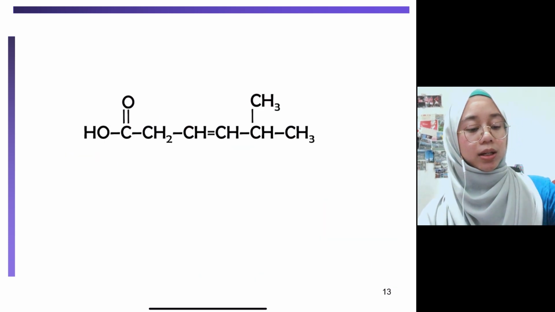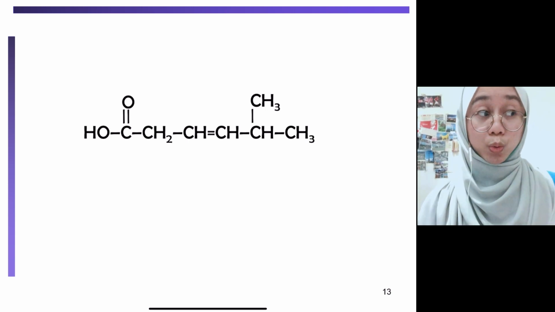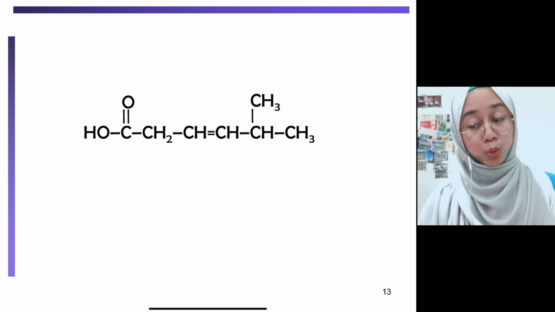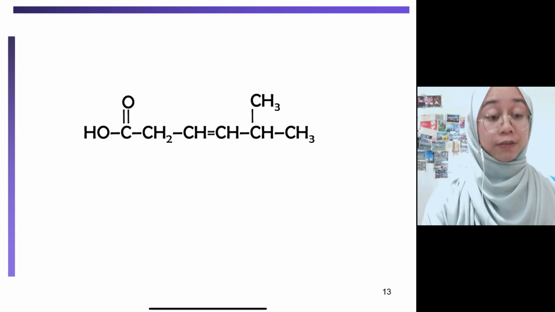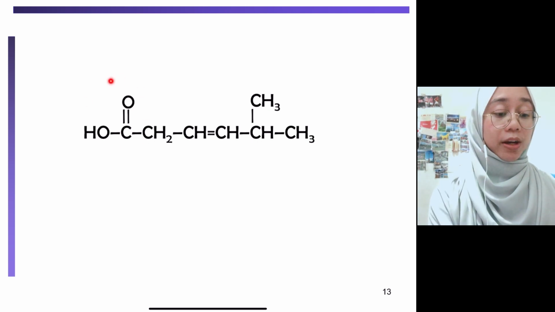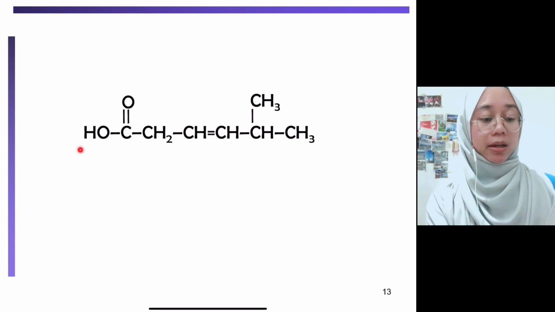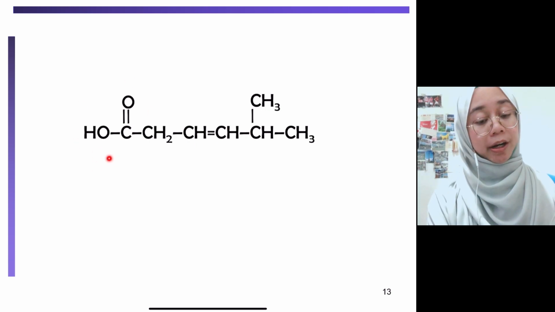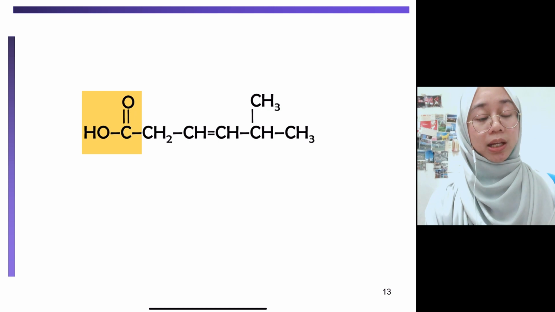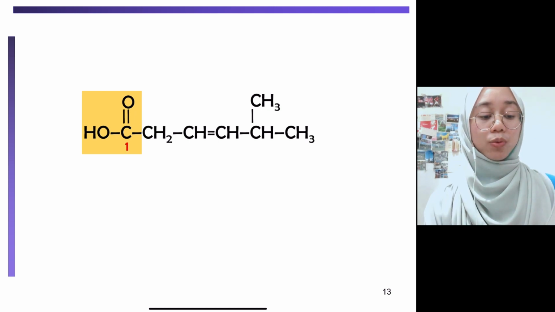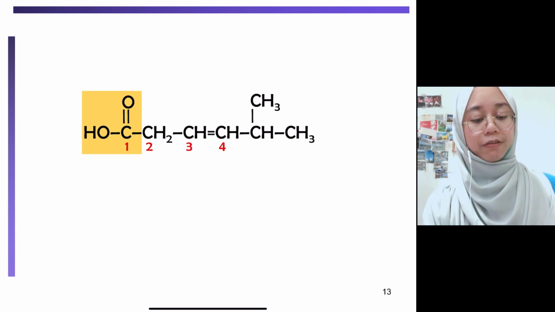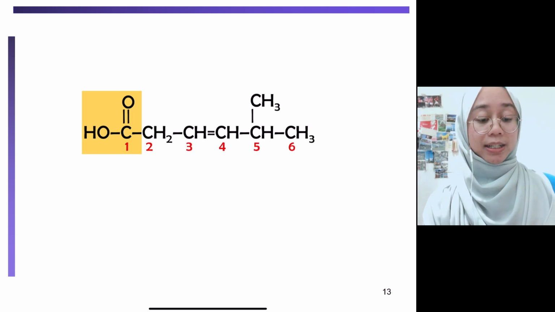Okay, so more examples. So this one class, you have also two functional group. Okay, you have COOH and also you have carbon-carbon double bond. And again, higher priority is the COOH part. Okay, so automatically the one on the left, carbon yang paling kiri itu akan jadi carbon number 1, 2, 3, 4, 5, 6 yang paling panjang.